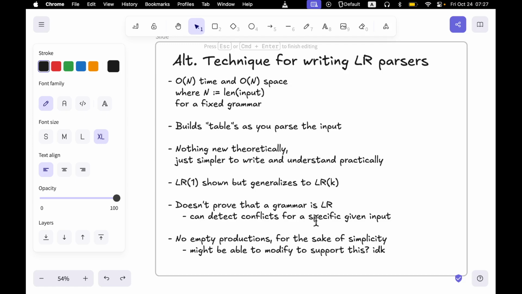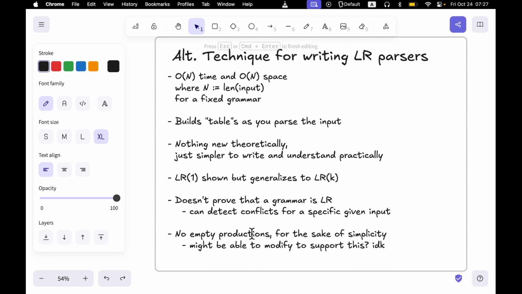This parser doesn't. Because it builds tables as you parse the input, it can only detect conflicts when a specific input is given. So Bison is still useful, and you can use Bison to prove a grammar is LR. Then, handwrite the parser for that grammar using this technique.